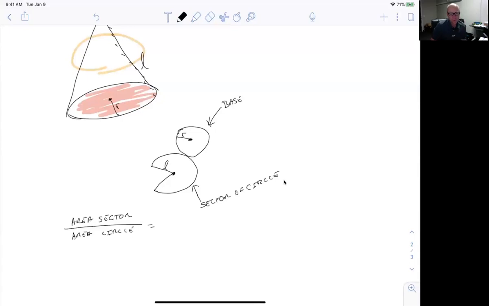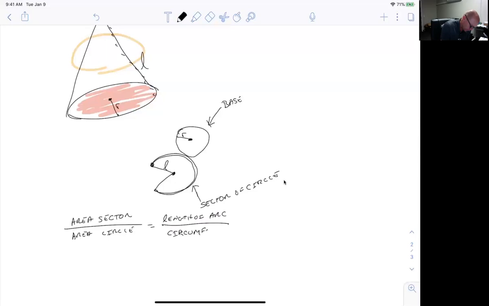Okay, so wouldn't it make sense then to say that the length of this arc would be the same proportional? So we'll say the length of arc would be the same as the ratio of the circumference of the whole circle.